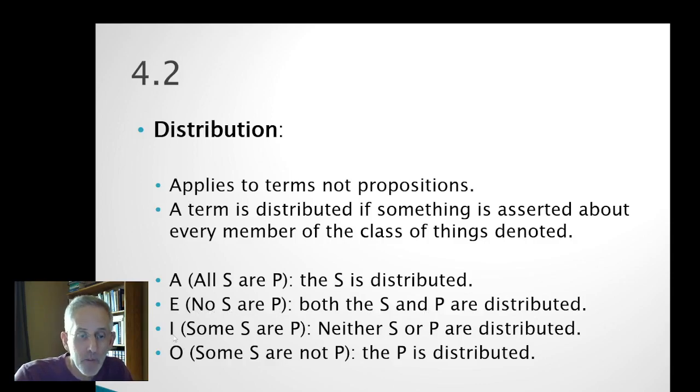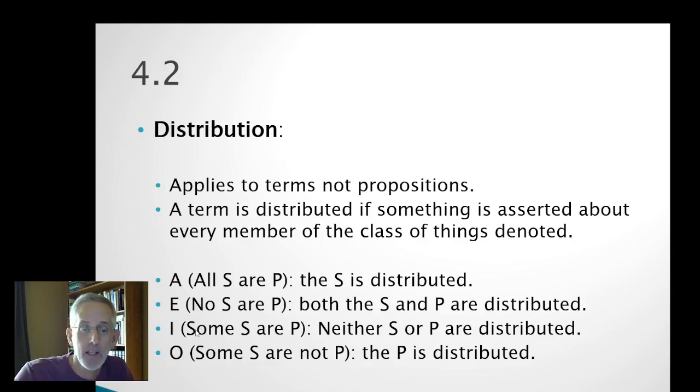For an I-form proposition, this one's easy. Some S's are P's, neither S nor P is distributed. So that's pretty easy to see. If I say some, then I'm not talking about every member of any class. I'm saying some, stick in dogs and mammals, some dogs are mammals.